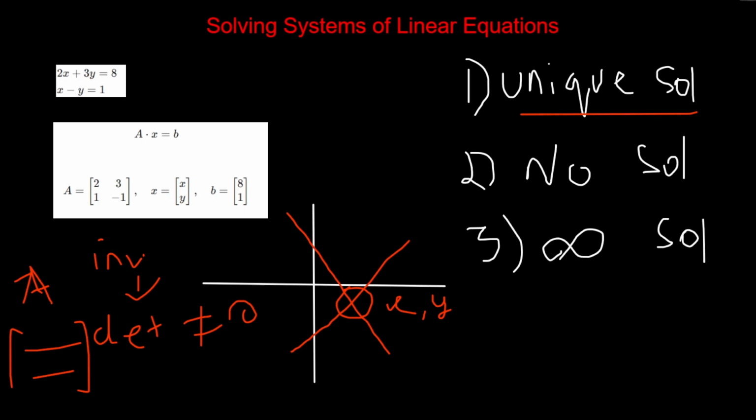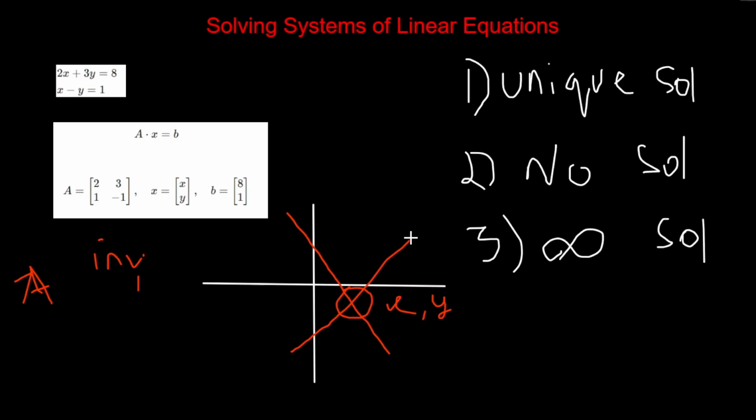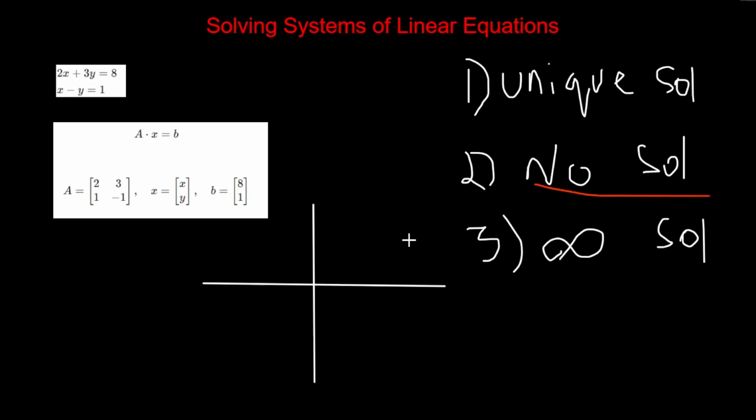Now let's look at the next type of solutions. No solutions. You know the geometrical view: when we represent the equations in the form of lines, they are just parallel and they don't meet each other. That's why we don't have any solutions and the system is called inconsistent. Let's take the matrix form.